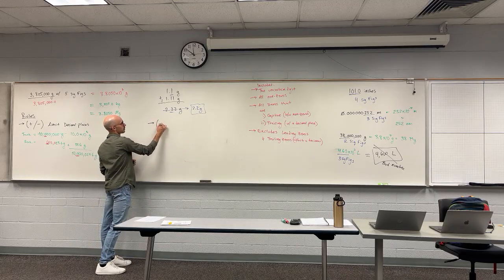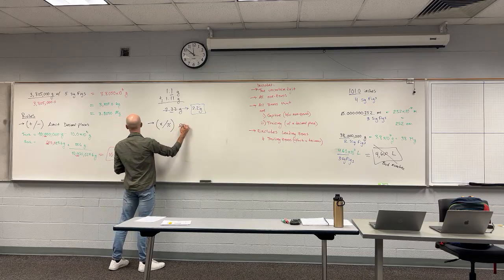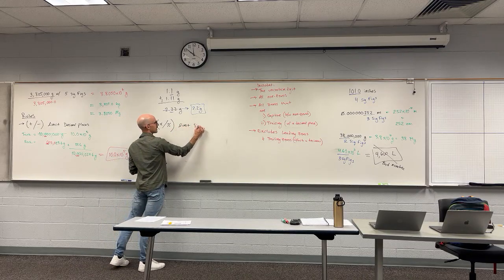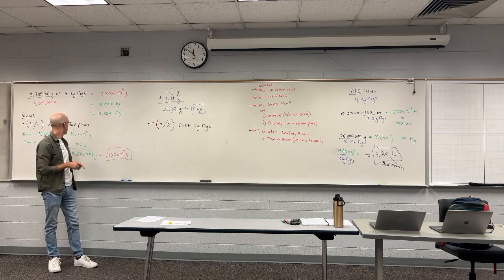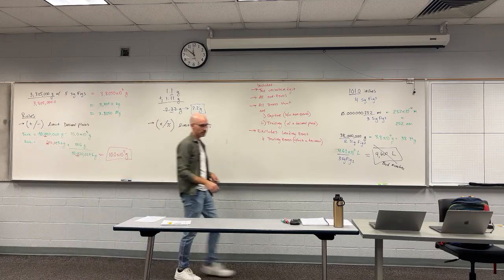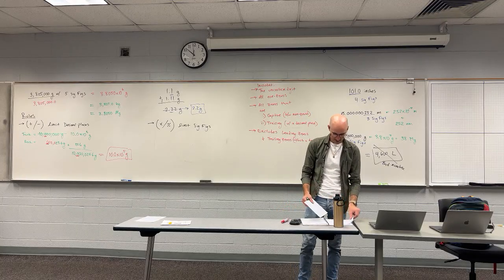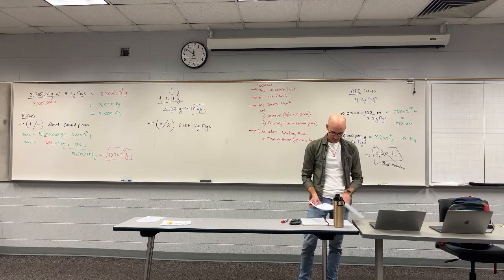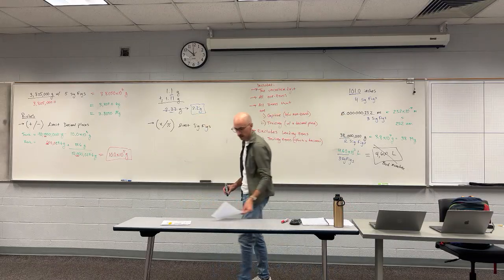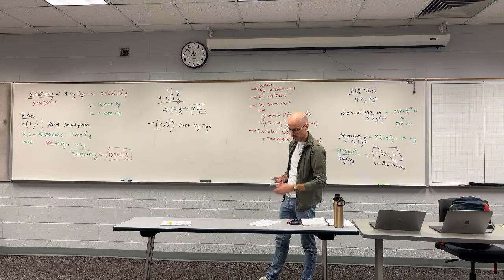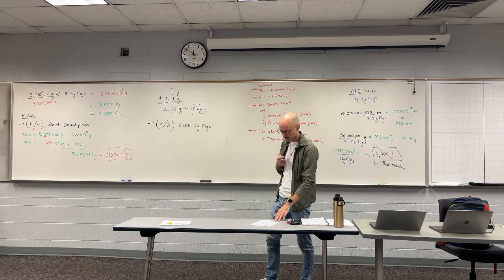Rule number 2 was multiplication and division. You limit the actual number of sig figs. So if you have a number with 2 significant figures and a number with 3, your final answer has 2 significant figures.